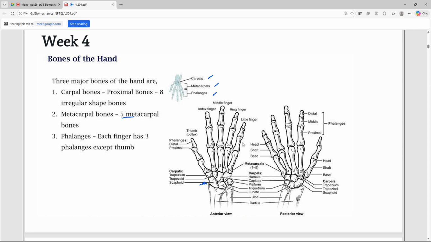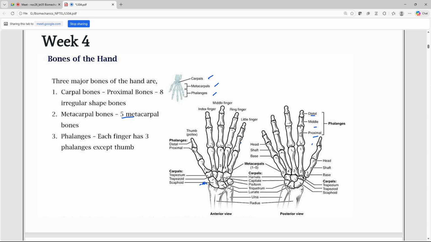There are 3 different portions of a phalange: proximal, middle, and distal. The bone which is joined to the palm is called the proximal phalanx, the middle one is called the middle phalanx, and the last one, where the tip of the finger is, is known as the distal phalanx.